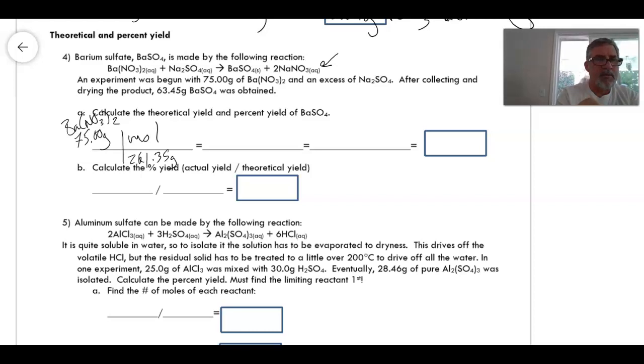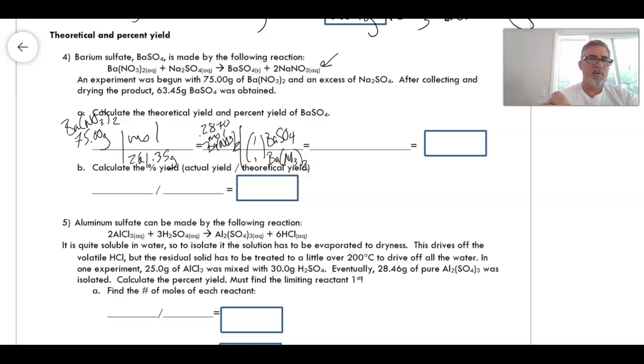And so I do that, I get 0.2870 moles barium nitrate. Now from there, I'm going to go to barium sulfate. I'll get rid of the barium nitrate. I end up with the same moles because it's a 1-to-1 ratio.